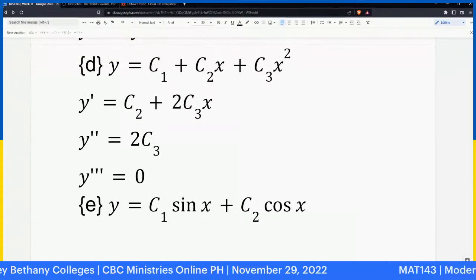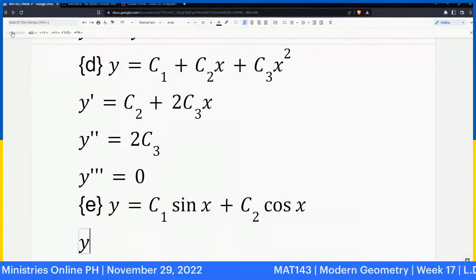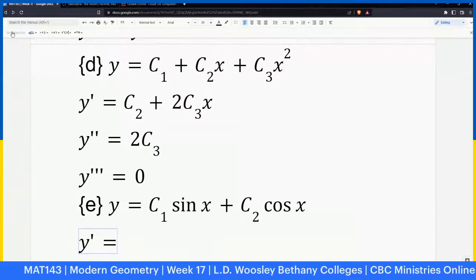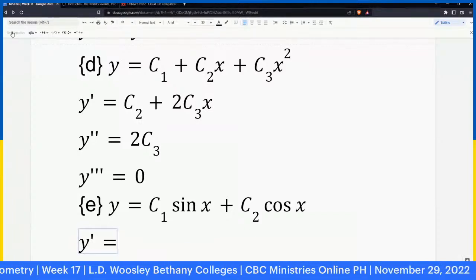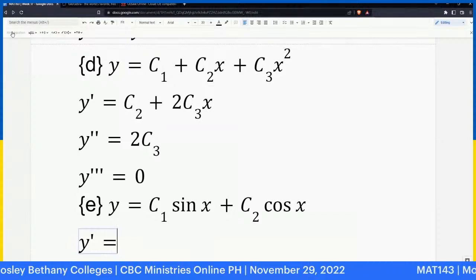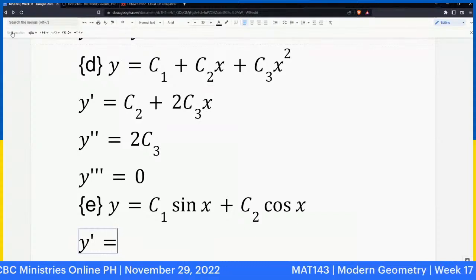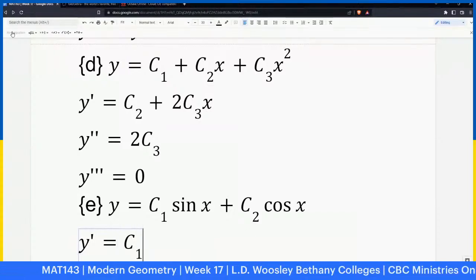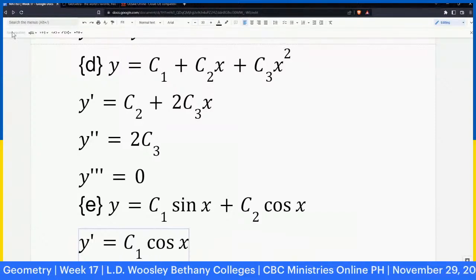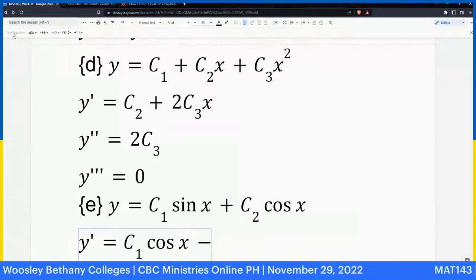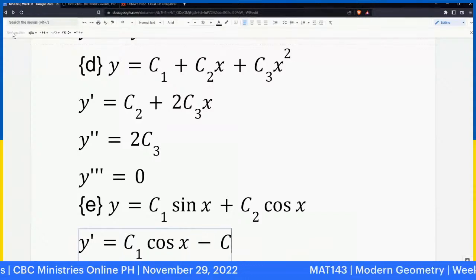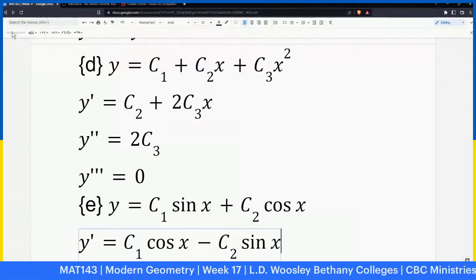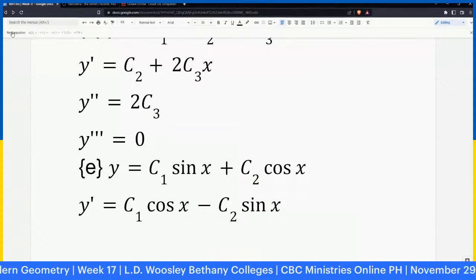Okay, tell me the first derivative, or y prime. Cosine x, c sub 1 cosine x minus c sub 2 sin x. Okay, next, y double prime.